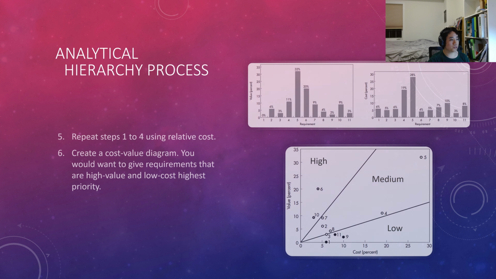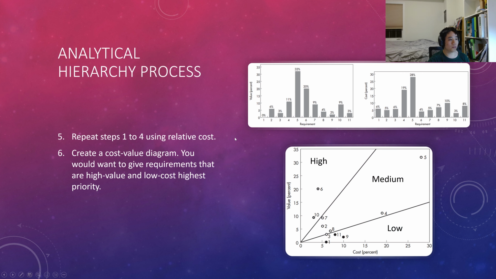Now you're going to repeat the same for cost, and then you graph both of them. And finally, you plot the cost value diagram, and you're going to prioritize the ones that are low cost and high value first. And then the medium priorities will have a bit of both.